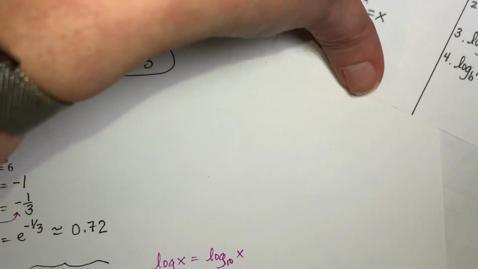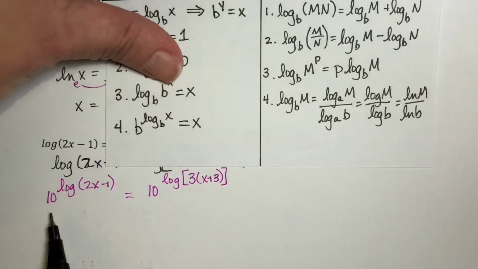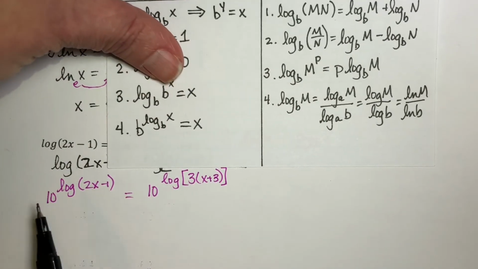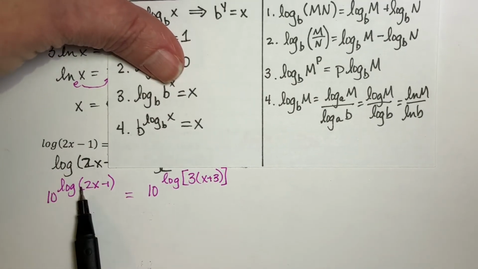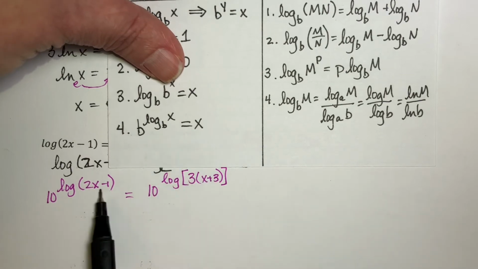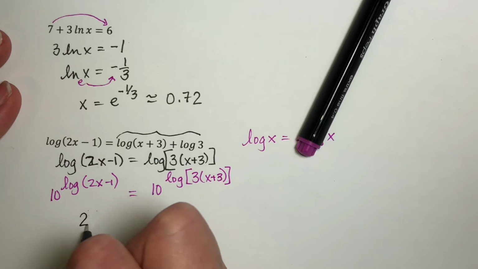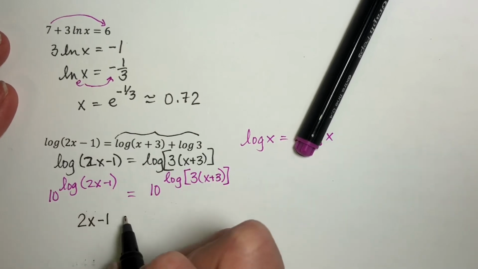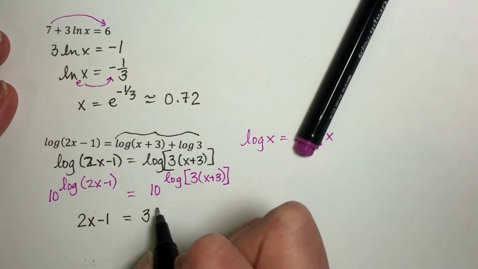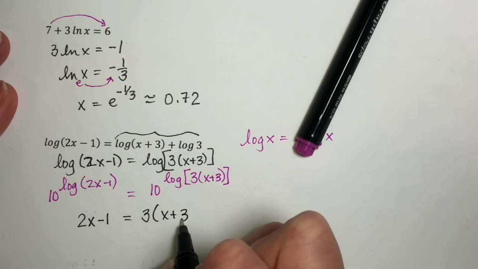And then we have this, where our base of the exponential and the base of the logarithm are the same, so this should equal just our argument. So what I end up with here is 2x minus 1 is equal to 3 times x plus 3.